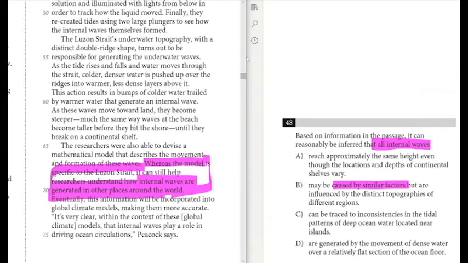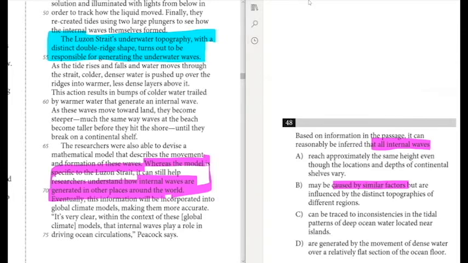Now, where do we see the bit about being influenced by the distinct topographies of different regions? One place we see it is around line 53. The Luzon Strait's underwater topography with a distinctive double ridge shape turns out to be responsible for generating the underwater waves. So the distinctive topography, the underwater hills and mountains, were responsible for the waves, and that holds true for any area.